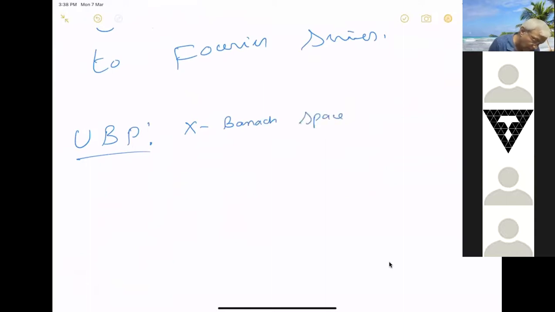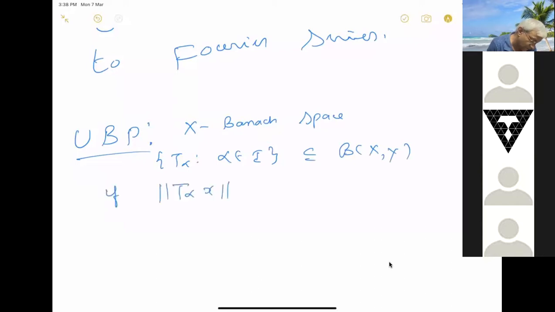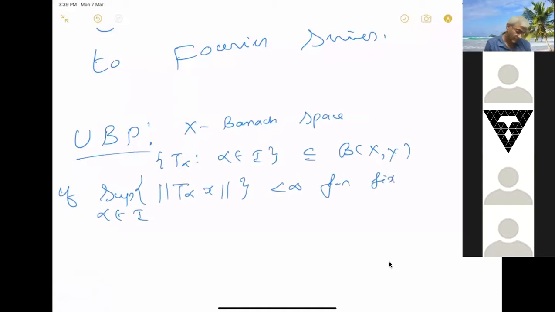Let T alpha, alpha in some indexing set I, be a family of bounded operators from X to some Y. If the supremum over alpha in I of the norm of T alpha x is less than infinity for each and every arbitrarily fixed x in X, then the supremum of the norm of T alpha is also less than infinity.